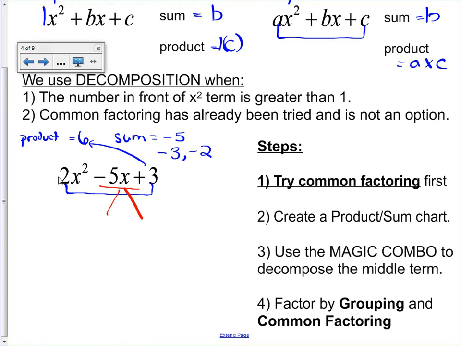So 2x squared stays the same. I take my magic combination that worked, minus 2x minus 3x, and I'm still going to write plus 3. Look at that and ask me any questions.